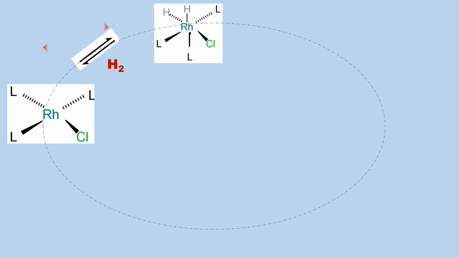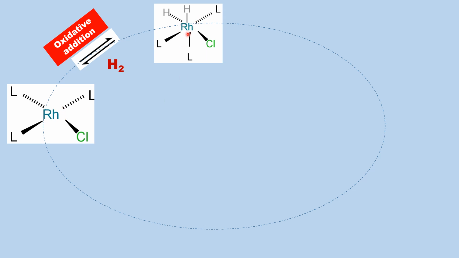Let us now study the mechanism of hydrogenation of alkene using Wilkinson catalyst. Let us take Wilkinson catalyst, and in the first step oxidative addition takes place. The oxidation state of rhodium is +1 here.